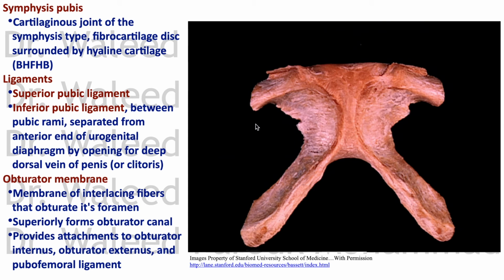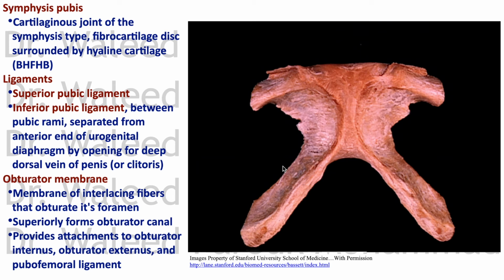Now we're left with the obturator membrane. It doesn't belong to any joint, but it fills the gap, obliterates the gap, obturates the gap. It's made of interlacing fibers, and there's a canal high upward formed by a gap in the membrane for the obturator vessels and nerves to pass from inside to the outside.